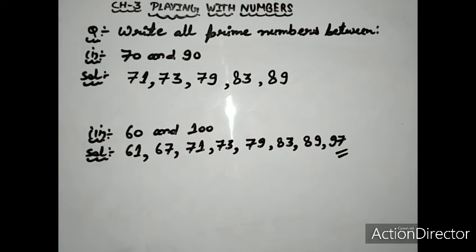So these are the prime numbers between 60 and 100. First you will learn the properties of prime and composite numbers, and after that you will easily find what are the prime numbers and what are the composite numbers.